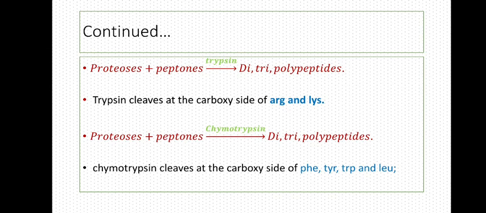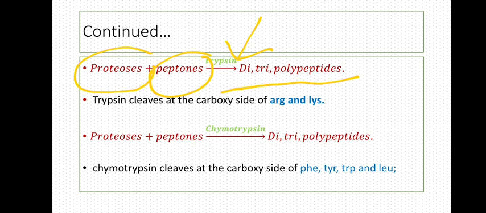Now, once trypsin is ready, after the activation, it will act on the proteoses and the peptones. Recall, in the stomach, protein digestion has resulted in the formation of proteoses and peptones, and trypsin will act on those proteoses and peptones to generate dipeptides, tripeptides and polypeptides.